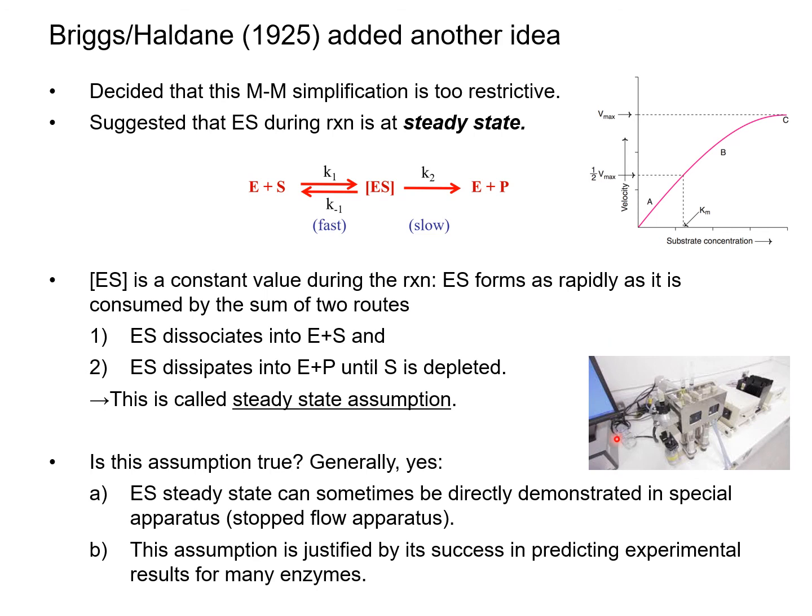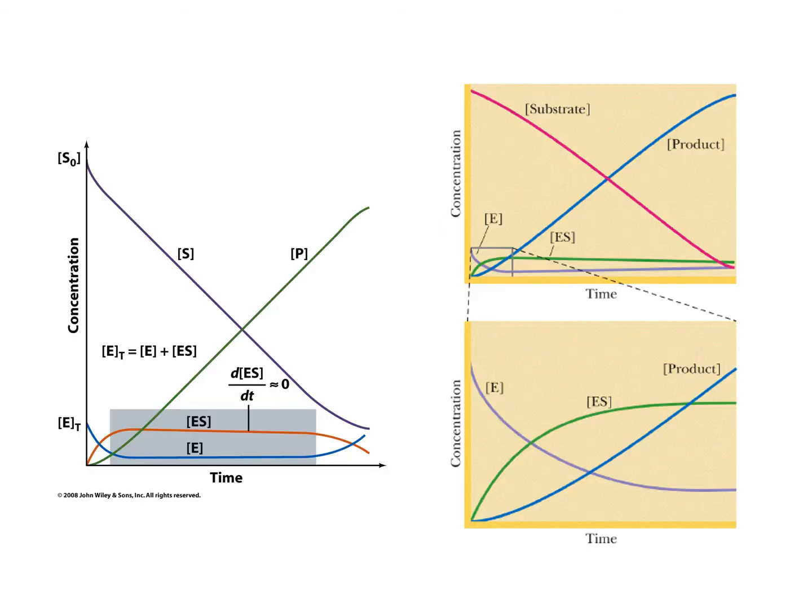And from those measurements, this assumption was justified, and it's a success in predicting the experimental results for many enzymes. So from the Michaelis-Menten theory as well as the Briggs-Haldane assumptions, we can have this sort of overview of how the enzyme works for the reaction, for its catalysis.